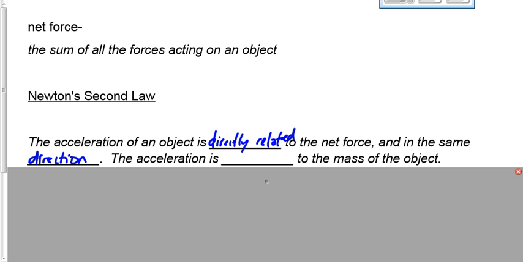Higher mass, higher inertia, right? Harder to change its motion. Is that going to be more or less acceleration? Less. If it's harder to change its motion, it's less acceleration, right? So the bigger the mass, the smaller the acceleration. Make sense? We're going to say the acceleration is inversely related.